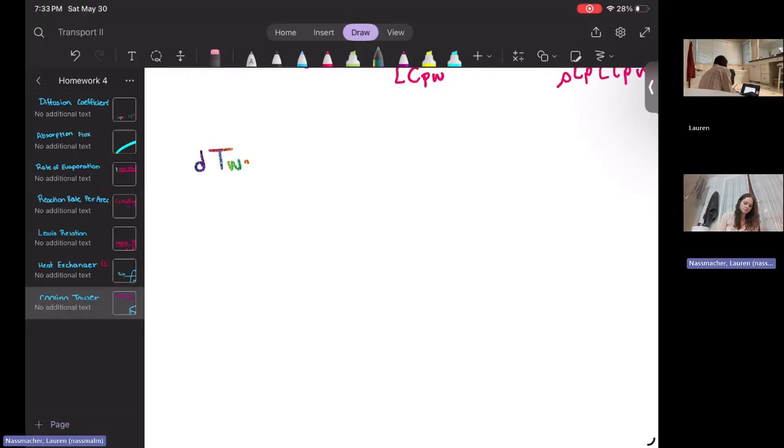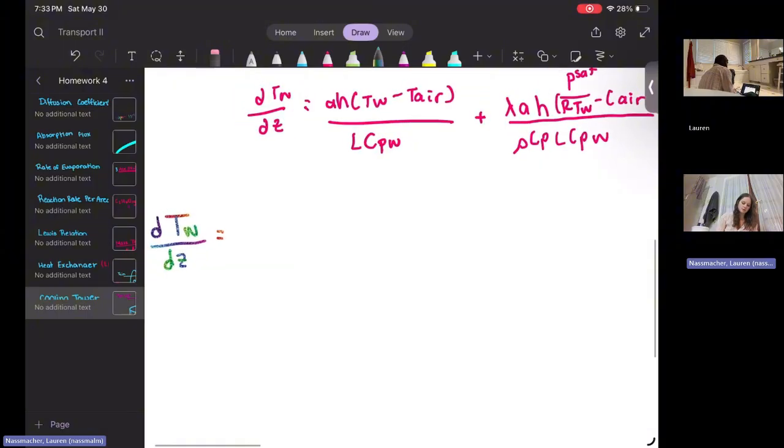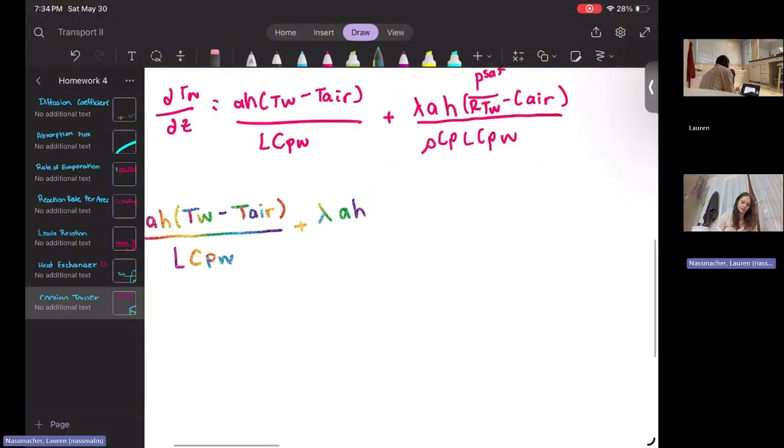So for our water, with respect to position, that is equal to cross-sectional area, our heat transfer, multiplied by the temperature difference of our water and our air, divided by our flow rate multiplied by that heat capacity, plus thermal expansion, that same guy right there, divided by our density and our heat capacity, multiplied by 1 over our same heat capacity of water once again.